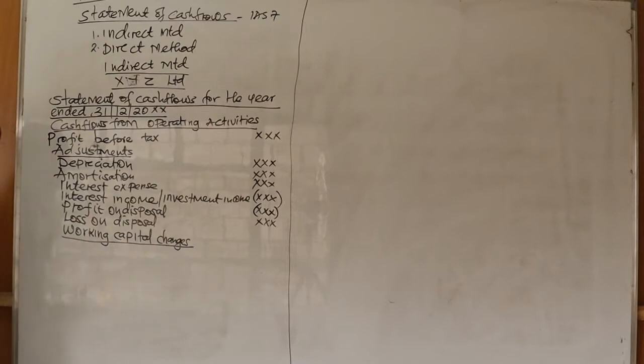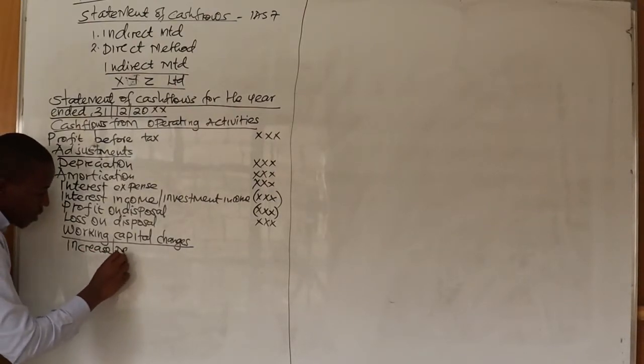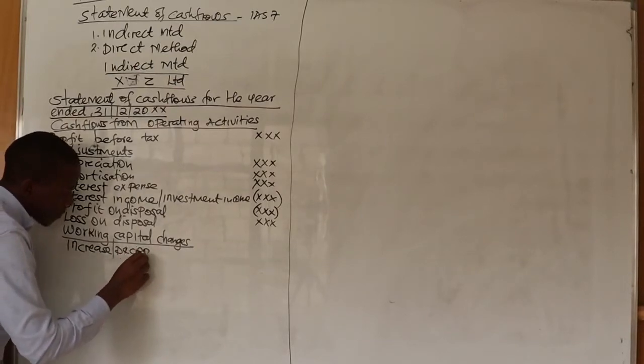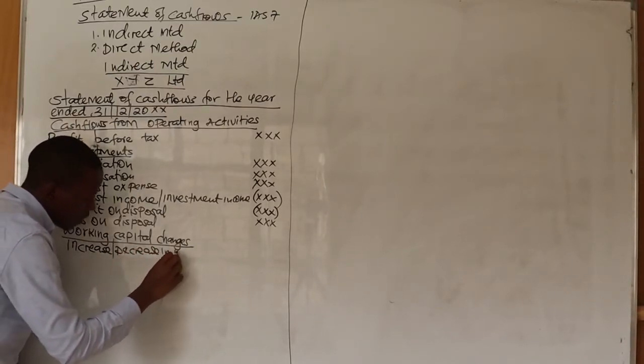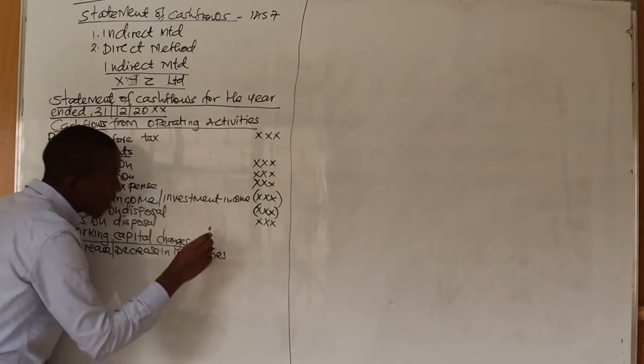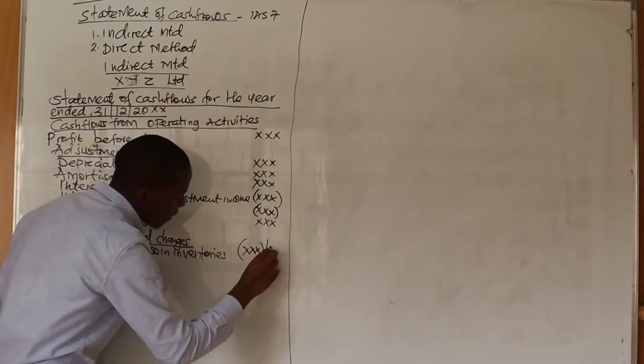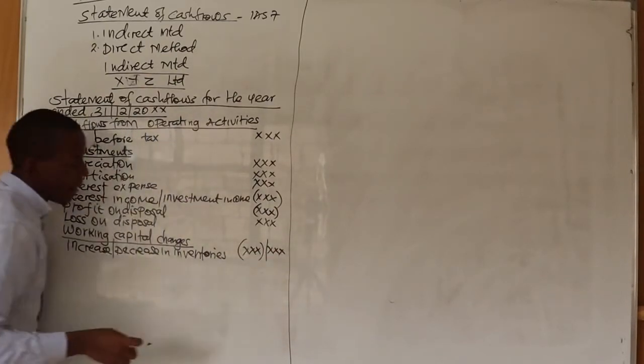Therefore, the only items that we'll be basing on are the inventory, the receivables, and the payables. So you just look for the increase or the decrease in inventories. If it is an increase, you less. If it is a decrease, you'll be able to add.